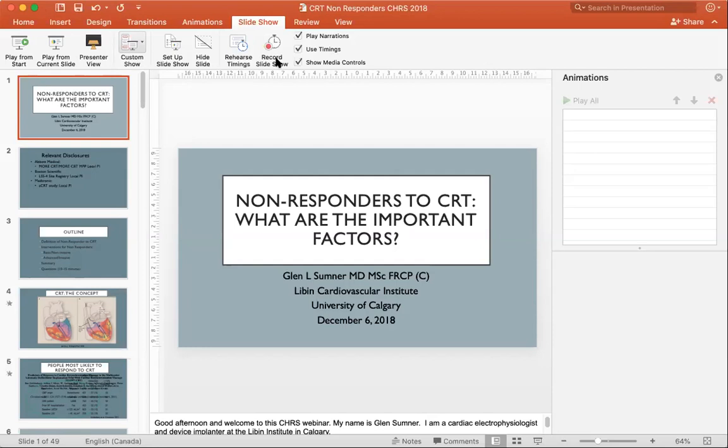Some of the MPP studies that I showed last just look at acute hemodynamic response, but again, that's not necessarily always going to translate into a better clinical outcome.